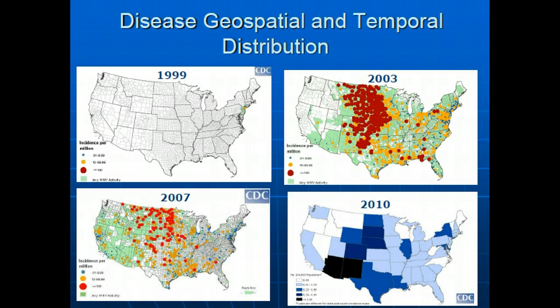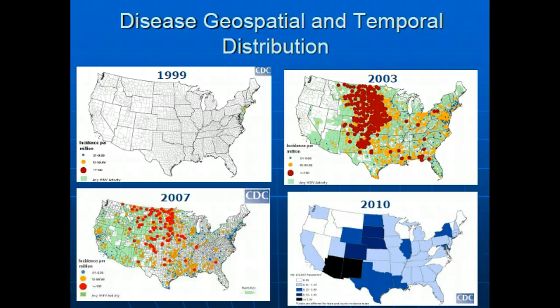GIS is commonly used in epidemiology, where it is used to map disease and the geospatial and temporal distribution of certain diseases. This slide shows the outbreak of West Nile virus.